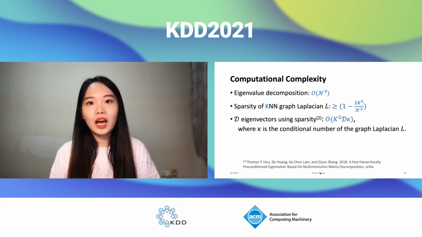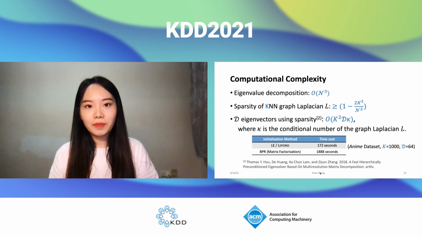Utilizing this property, we can compute the first d eigenvectors with the time complexity of O(k²dκ), where kappa is the condition number of L. Note that this complexity is independent of the graph node number n. In our experiment, it only took about 3 minutes to compute the 64 eigenvectors for the user KNN graph on the anime dataset. In comparison, it took about half an hour for the simple BPR embeddings, which are commonly used in initialization, to converge.